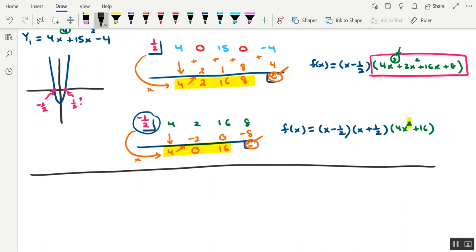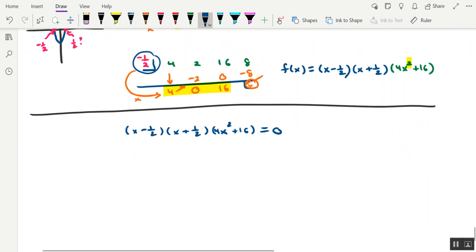So our equation at this point is x minus 1/2 times x plus 1/2 times 4x squared plus 16 equals 0. And since that last factor is quadratic, we're going to set each factor equal to 0 to continue solving for x.